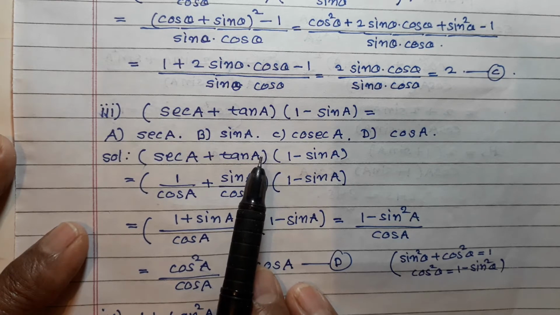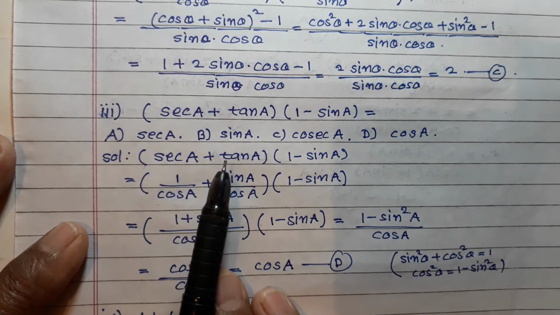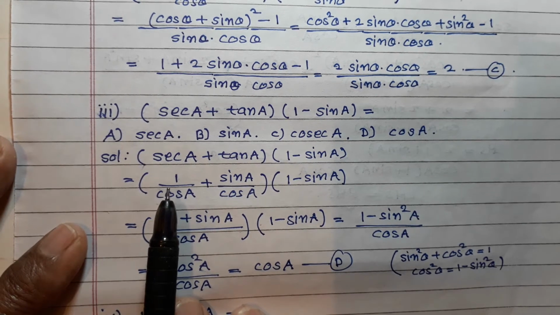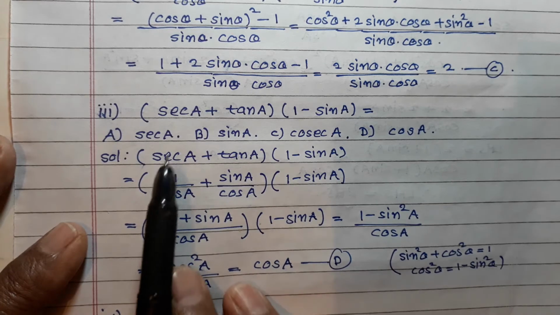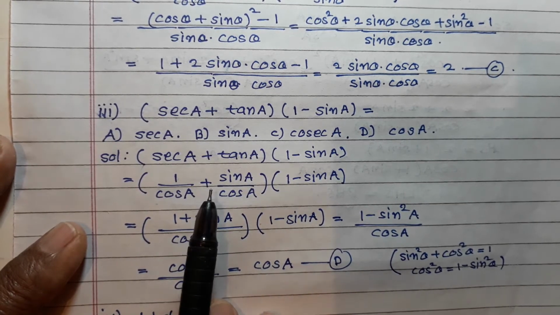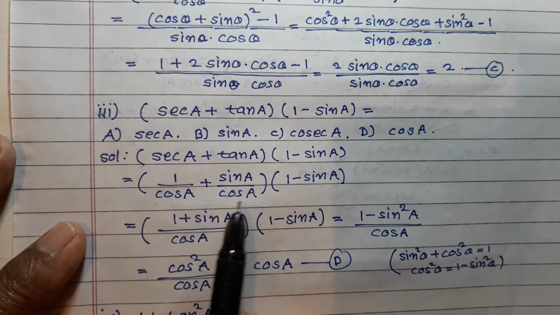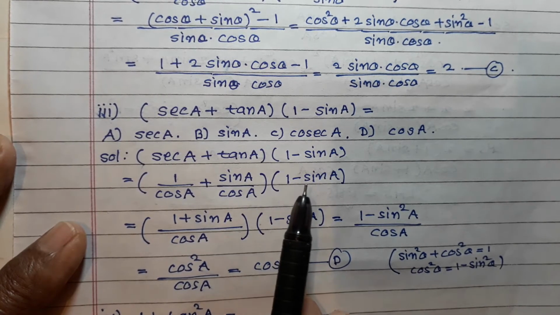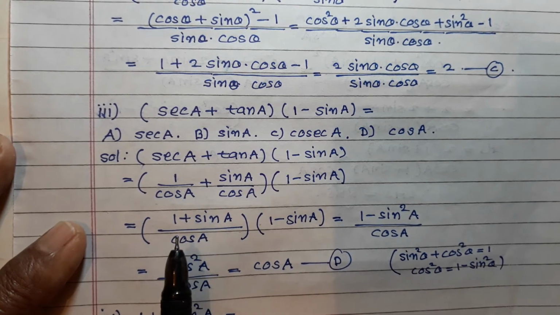Generally, you try to convert these ratios into basic ratios, and the basic ratios are sin and cos. So I convert sec A is equal to 1 upon cos A, plus tan A is equal to sin A upon cos A, into bracket 1 minus sin A, and then you simplify this.